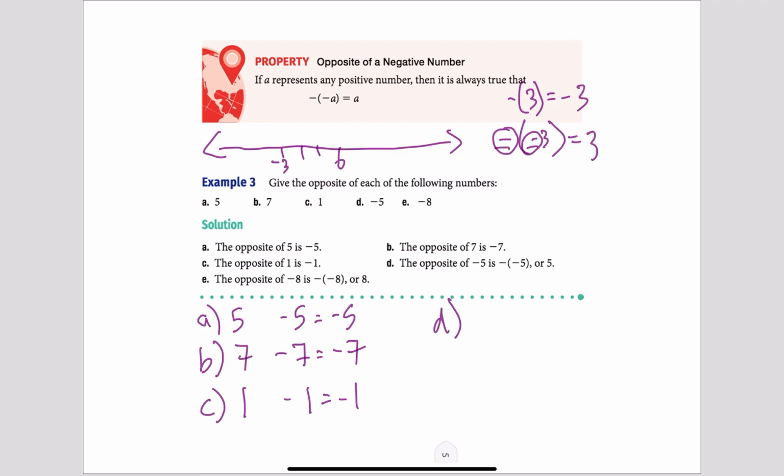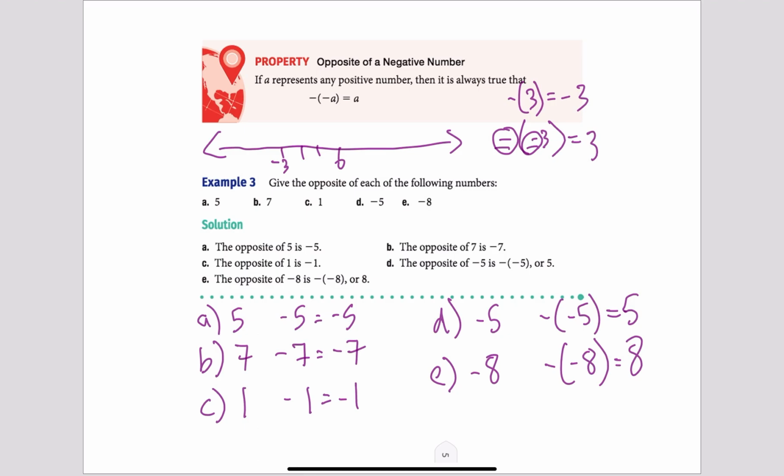And D for negative 5. The opposite of negative 5 is 5, right? If you owe $5, what's the opposite of owing $5? Having $5. And that's what this says. E. What's the opposite of -8? The opposite of -8 is 8.